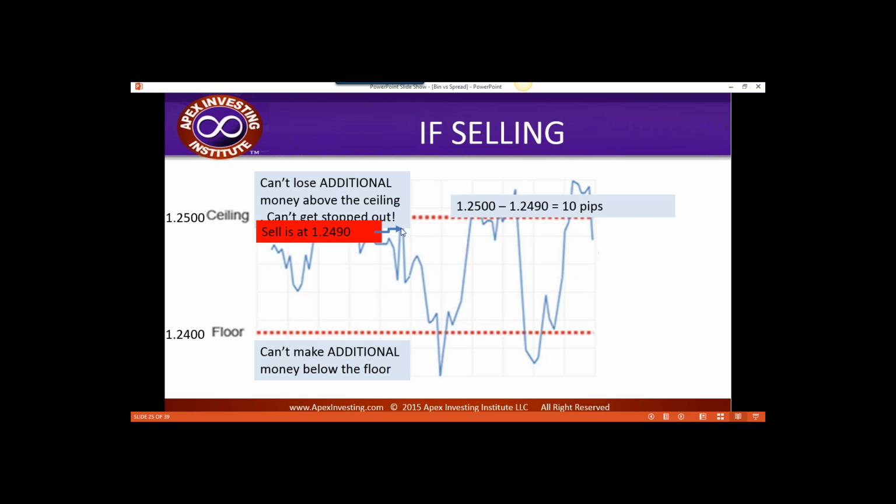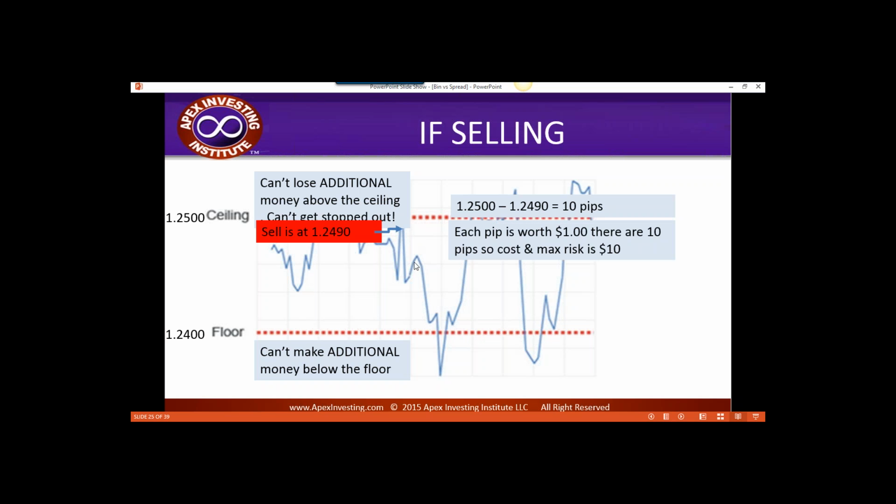So if I sell, say the market's going down, but the market goes up instead, what's the very most I can lose? Let's say it goes up 200 points against me. What's the most I can lose? Only 10 pips, because I only lose money to the ceiling. And if I'm right, I only make money down to the floor.